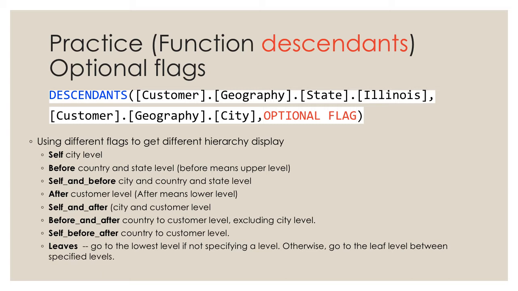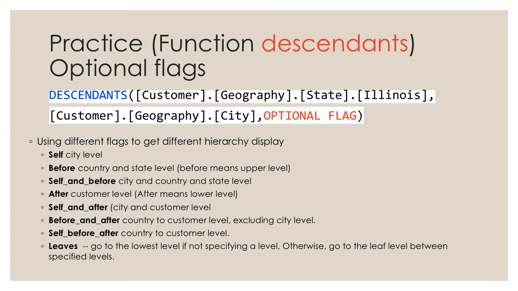Let's go ahead and look at an optional flag for descendants. I know this is getting more confusing, but all you have to remember is you can have an optional flag, and when you need to use it, you can just check the document on what those are. For completeness, I listed everything here. Those flags are what you can replace the optional flag with in the syntax.